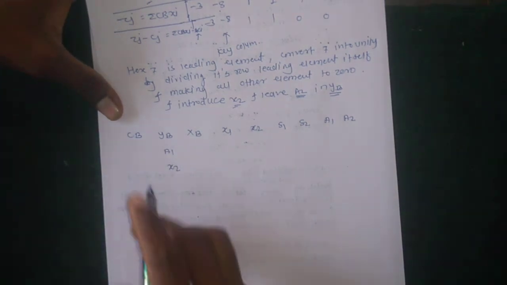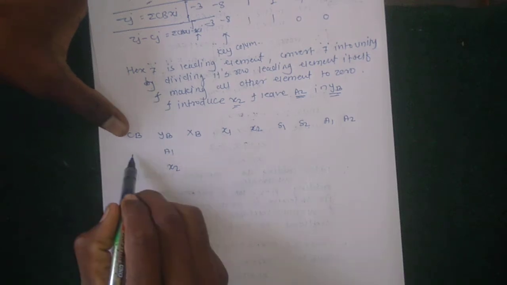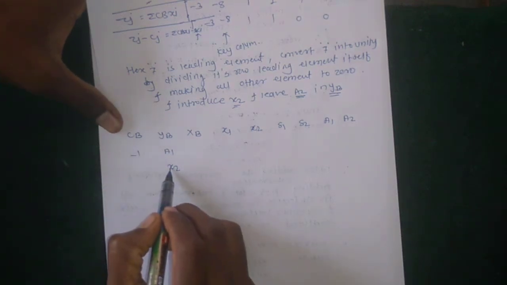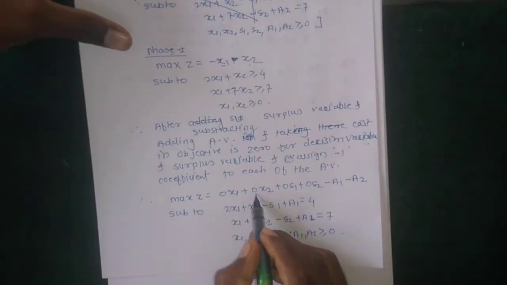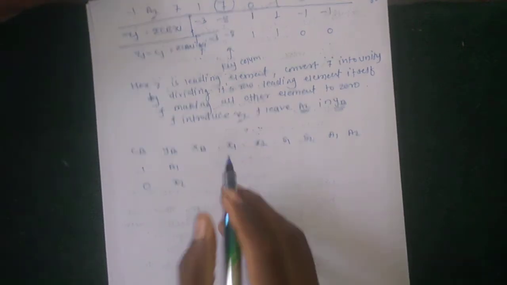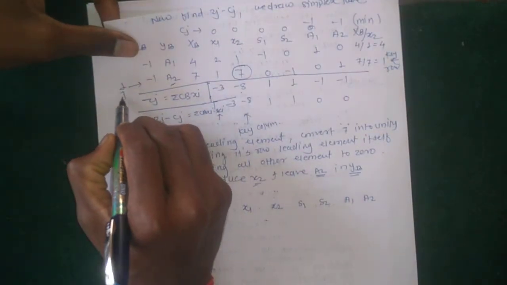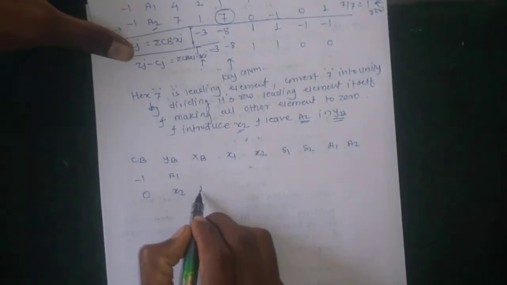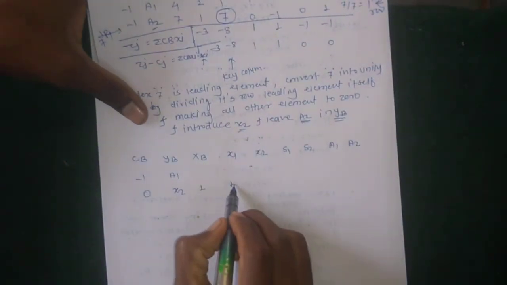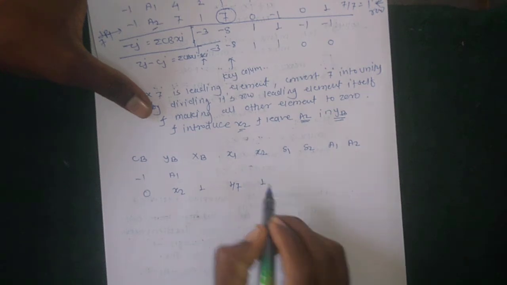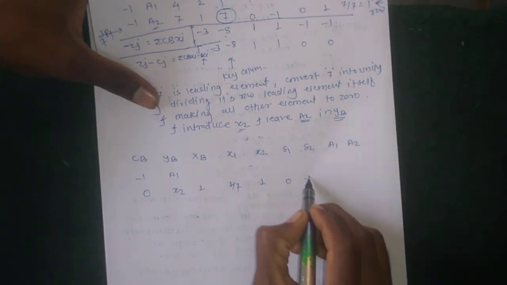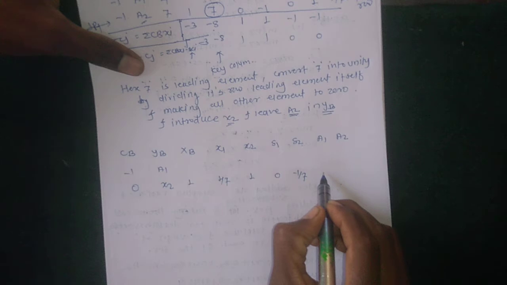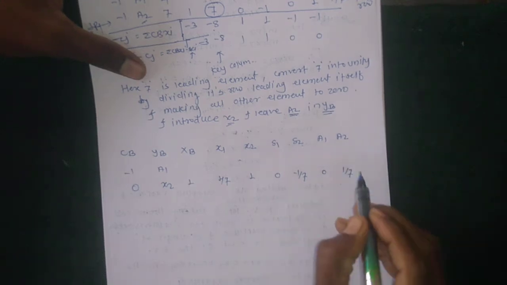Their coefficient is -1 and x2 has coefficient 0 in this problem. After converting, the first operation is 1/7 r1: 7/7 is 1, here 1/7, 7/7 is 1, then 0, then -1/7, then 0 and 1/7.